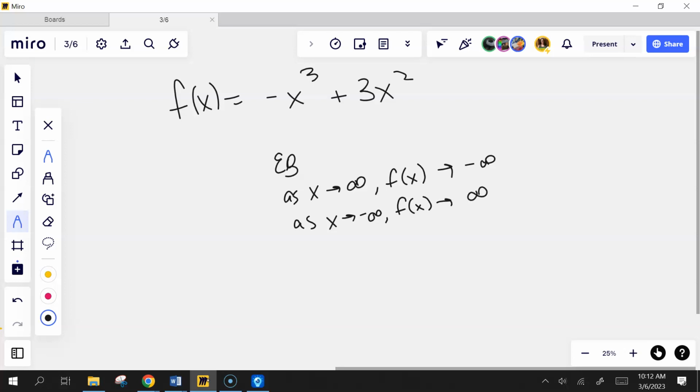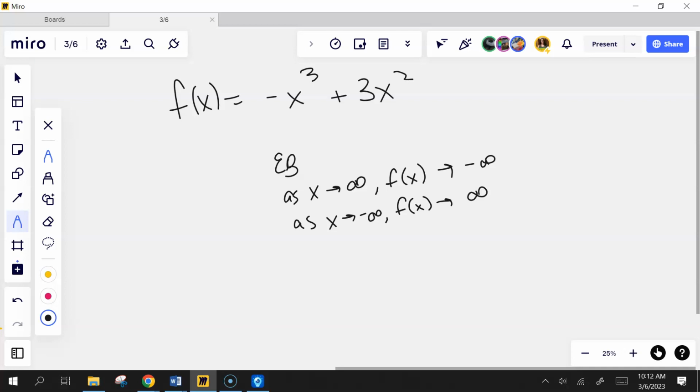Does your 4-square chart support that? If you look in the square that says negative leading coefficient, odd degree, is this the end behavior? Yes. As it should. Everybody okay so far? All right.